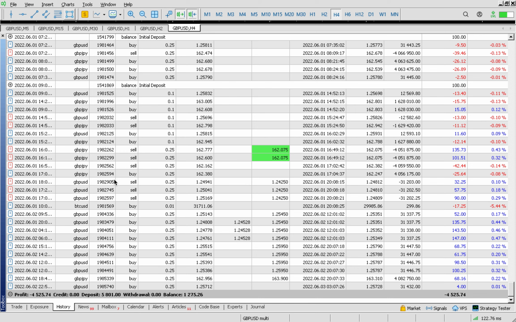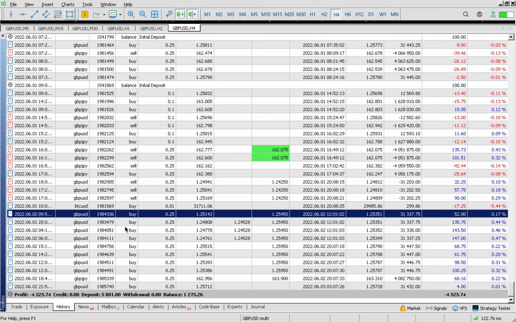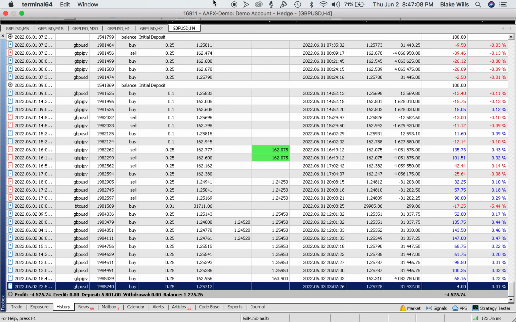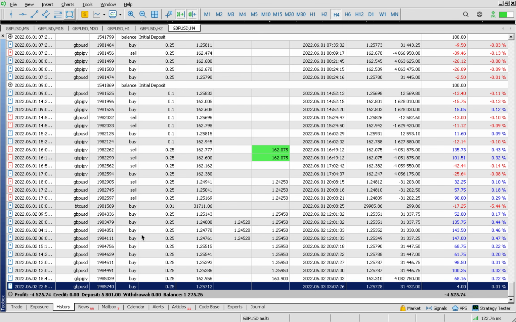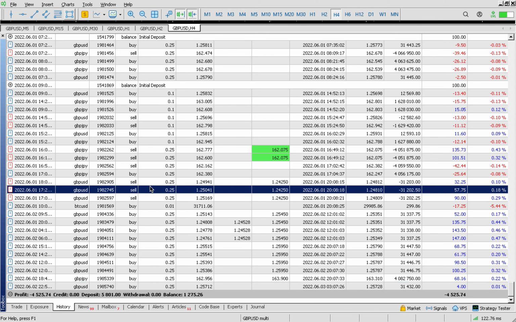So I've mostly been doing a lot of buys. I made a good little bit of money there. This is a demo account. It looks like I'm making most of my money on buys. Let's see if I made any money on my sells.